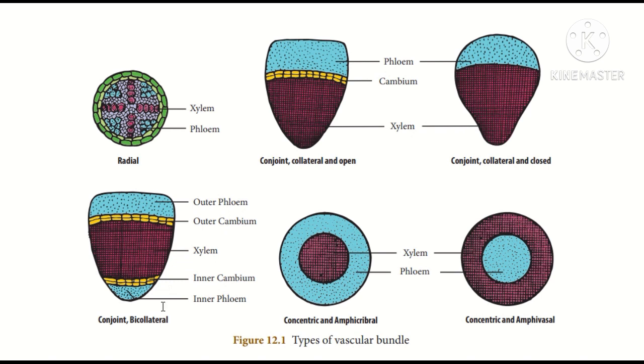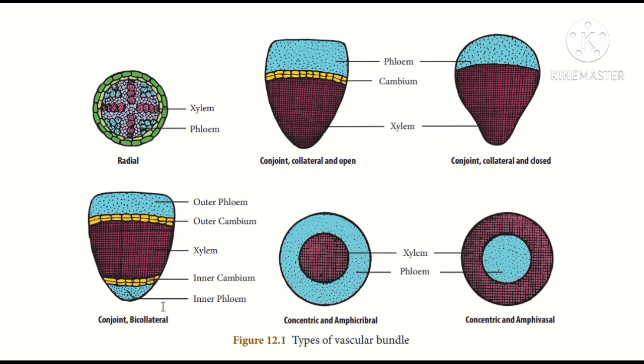It is called bicollateral. Example, Cucurbitaceae or Cucurbita is an example. It's a family wherein almost all the snake gourd and different types of plants are included. That is called bicollateral.